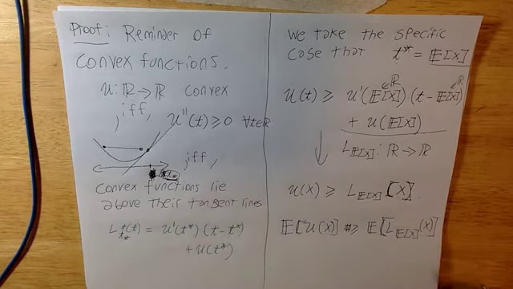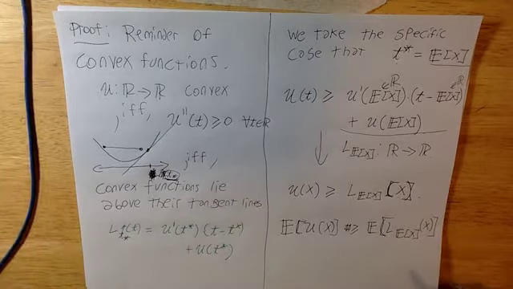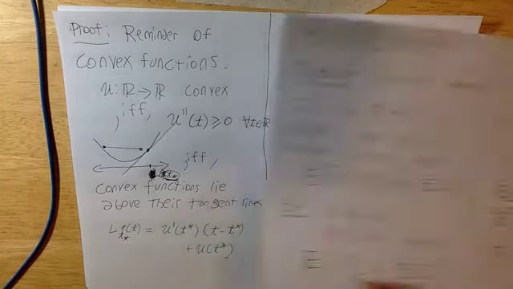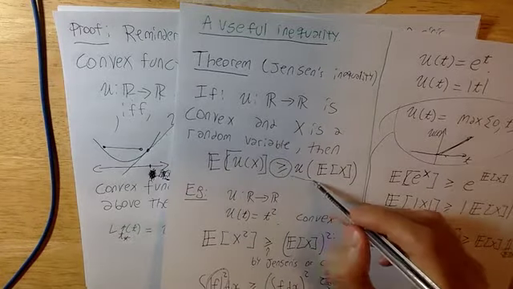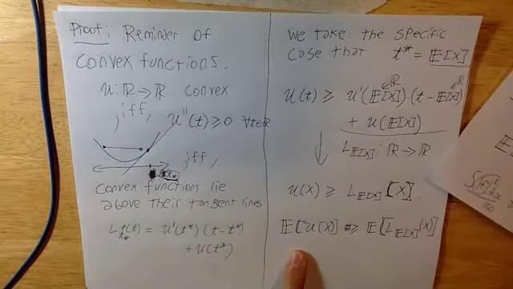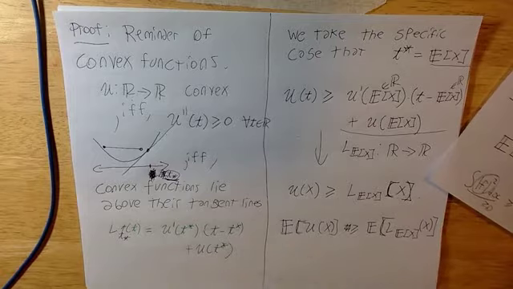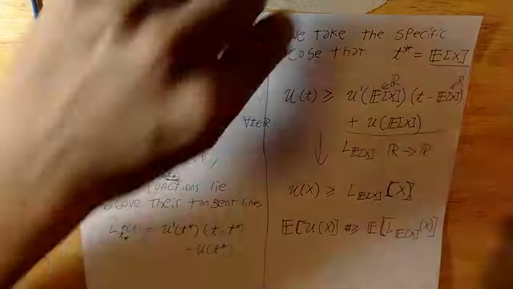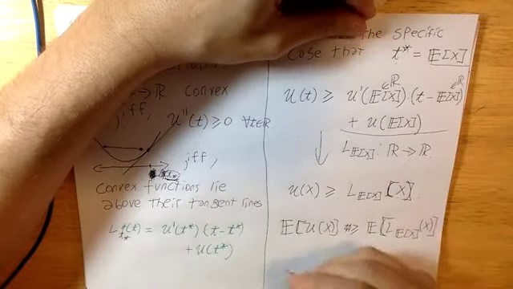So now to finish the proof of this theorem, on the left hand side we have expectation of U of X. Now we need to see that the right hand side is literally U of expectation of X. Okay, so now we use linearity.